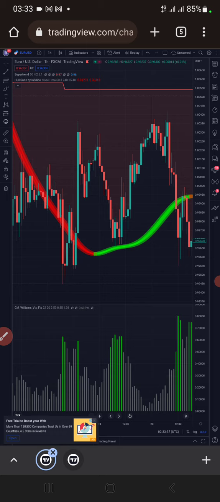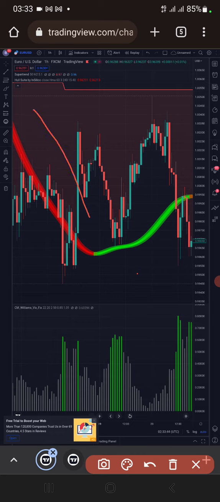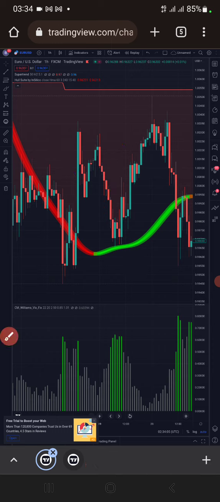That means if you are in a downtrend, it is going to tell you when the downtrend is going to stop and when it will start to go up, a potential reversal on the market. It is telling you a potential reversal on the market, just like you can see over here.